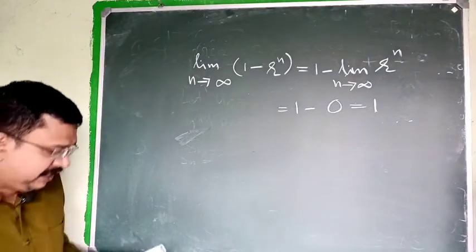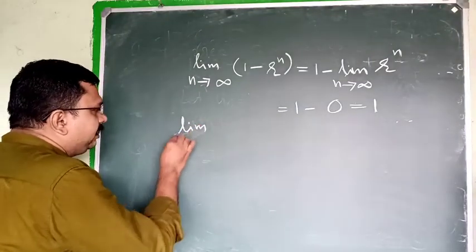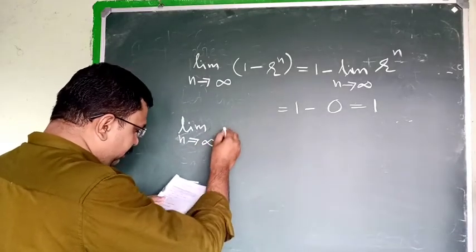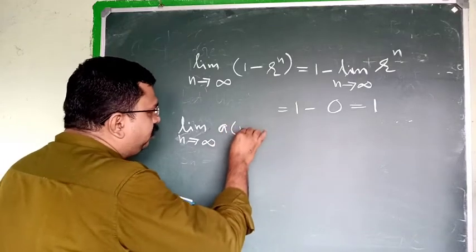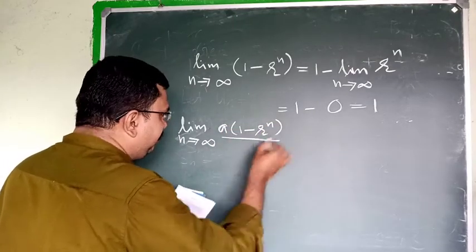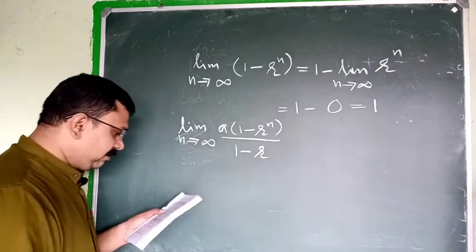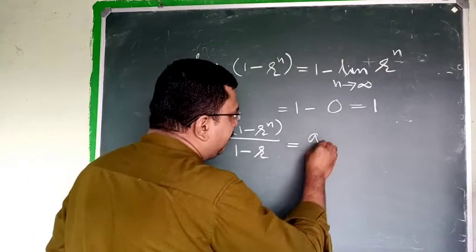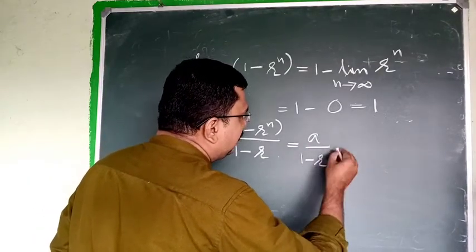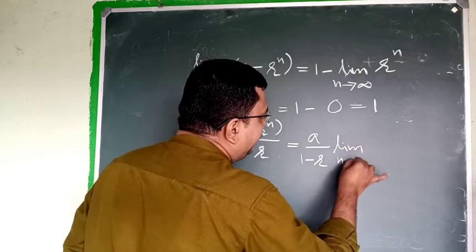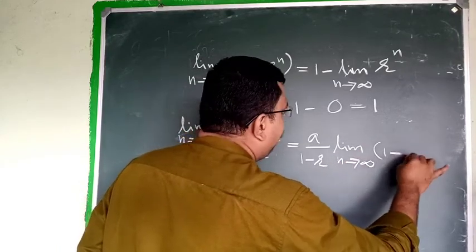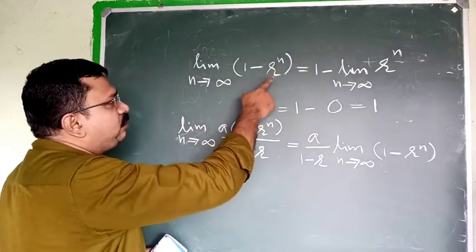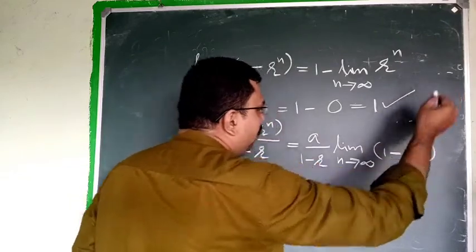That is, limit n tends to infinity Sn, that is limit n tends to infinity a into 1 minus r raised to n divided by 1 minus r, which is equal to a by 1 minus r, taken outside, into limit n tends to infinity 1 minus r raised to n. But we know that limit n tends to infinity 1 minus r raised to n is equal to 1.